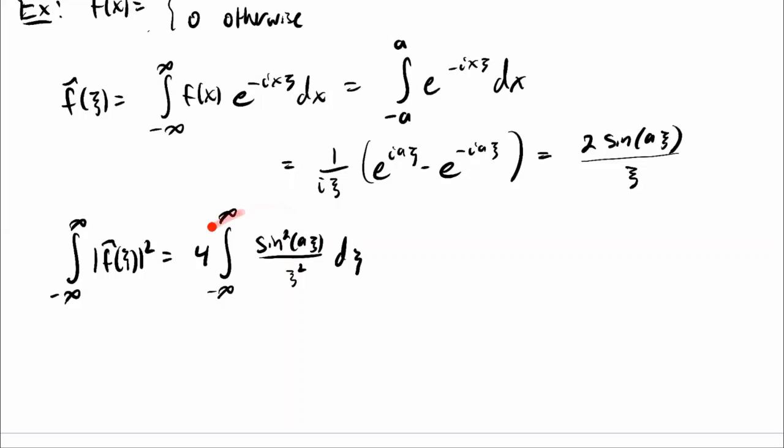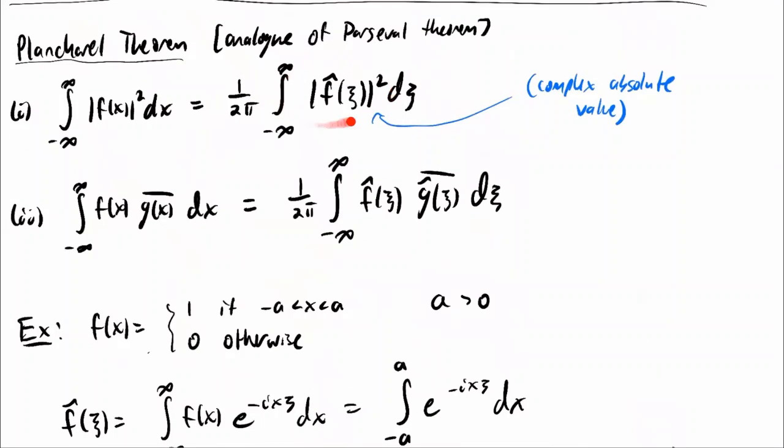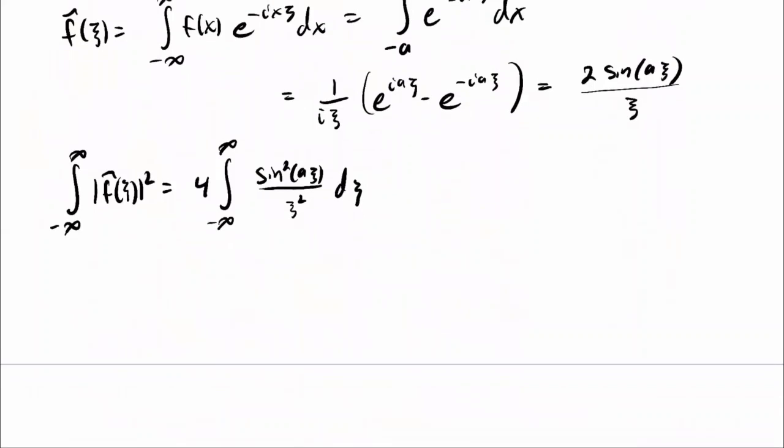If I just gave you this integral, you would probably have no idea how to calculate it, and that would be a reasonable thought to have. How are you supposed to evaluate this integral? But the Plancherel theorem tells you that this is equal to 2 pi times the integral of the original function squared.